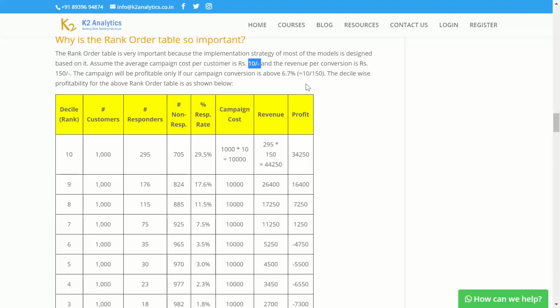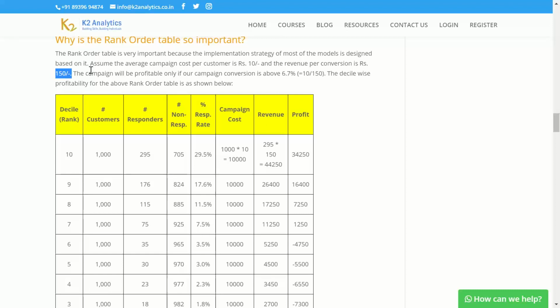For example, I send a campaign asking whether you're interested in the offer, the customer may say they're interested, then ask for more details about my offer, and finally not take the product. But here I'm making a simple assumption that response is equivalent to conversion, and that per person who responds, I get an average of 150 rupees as revenue.